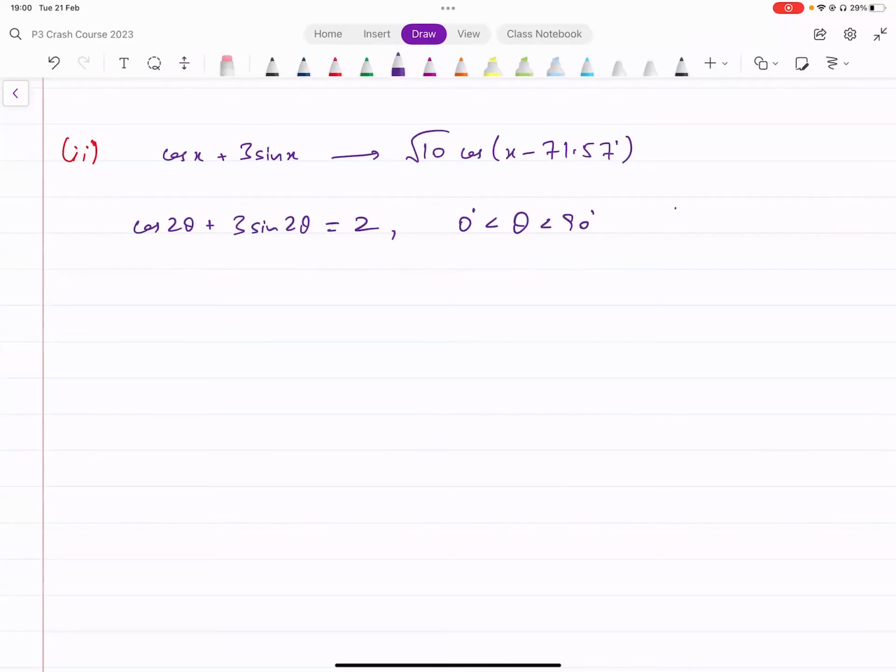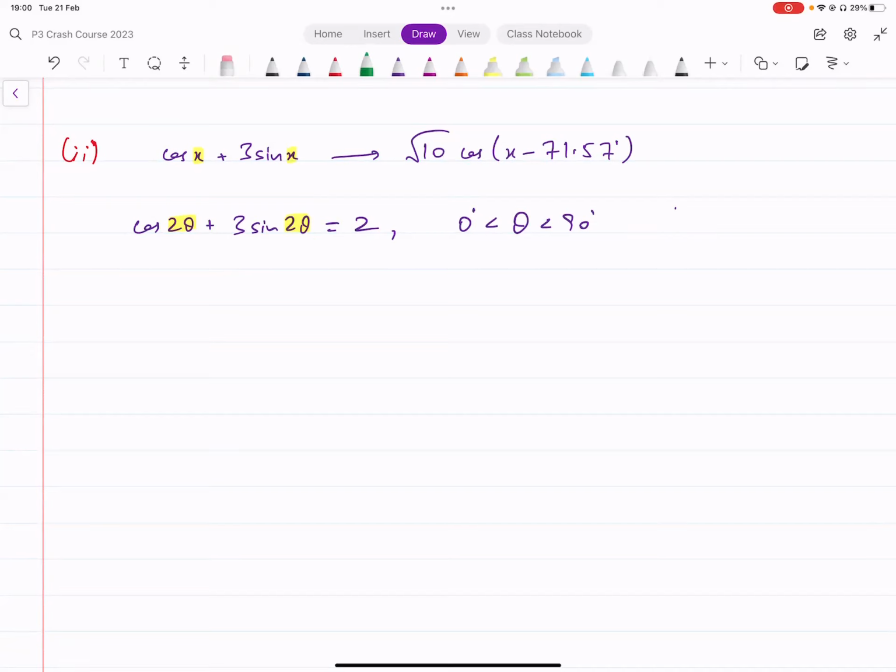Now, in the second part, we are asked to solve this particular equation. What you have on the left side is very similar to what you converted to another form in the first part. The only difference is in place of x, you now have 2 theta.